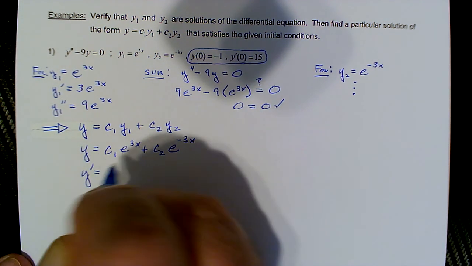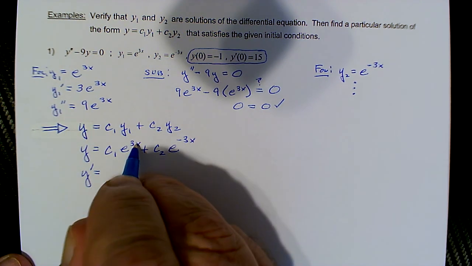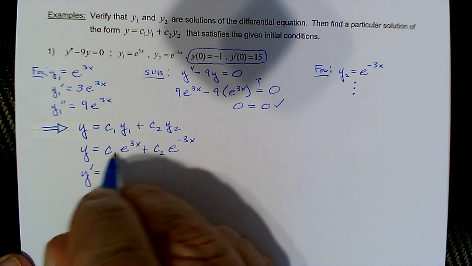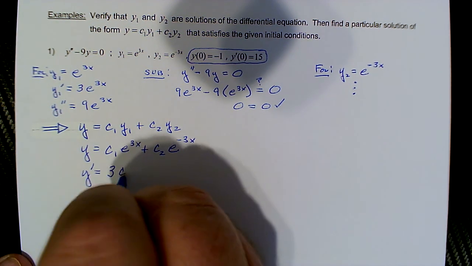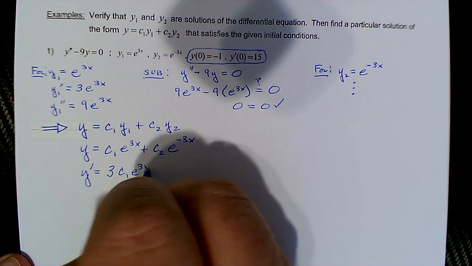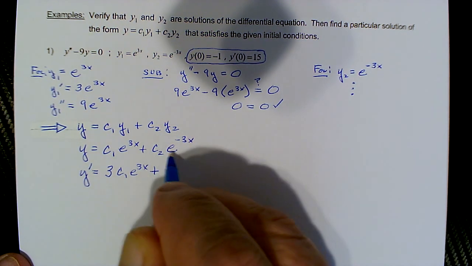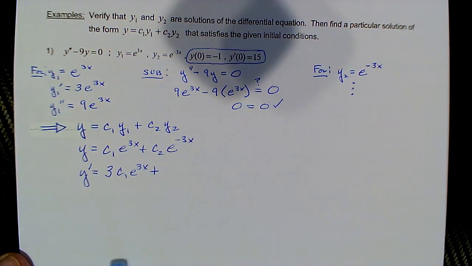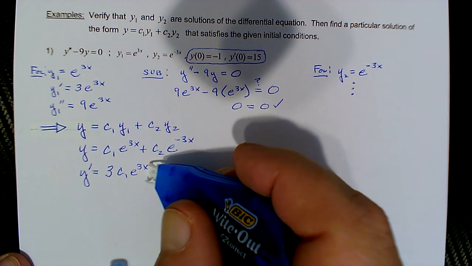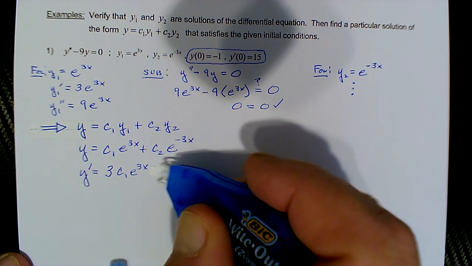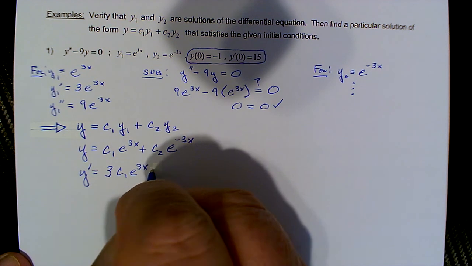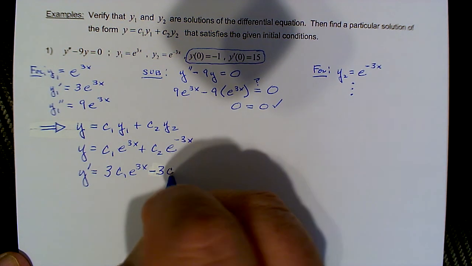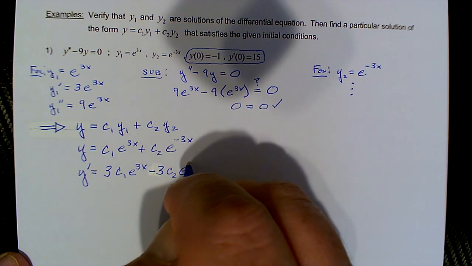The derivative of c1 e to the 3x is c1 e to the 3x times 3, or 3c1 e to the 3x. And similarly, the derivative of c2 e to the negative 3x is c2 e to the negative 3x times negative 3, so negative 3c2 e to the negative 3x.